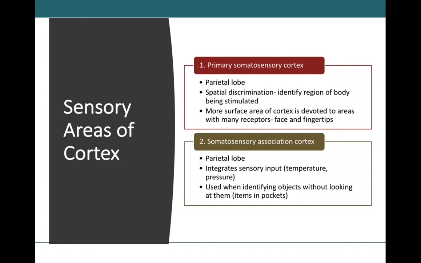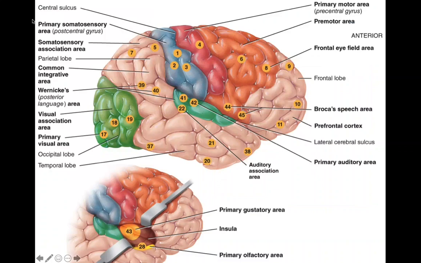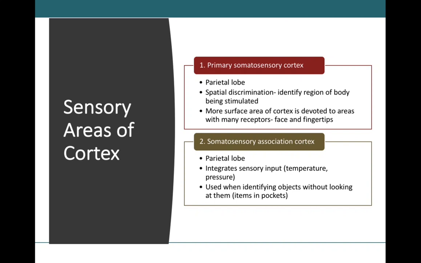So first and foremost is the primary somatosensory cortex and the somatosensory association area. We see the primary somatosensory cortex found here housed within the postcentral gyrus, and the somatosensory association area found just behind it. Now, the primary somatosensory cortex takes in sensory information from all over our bodies.